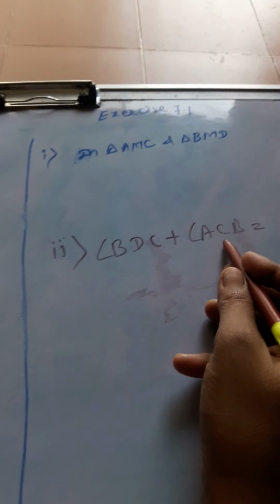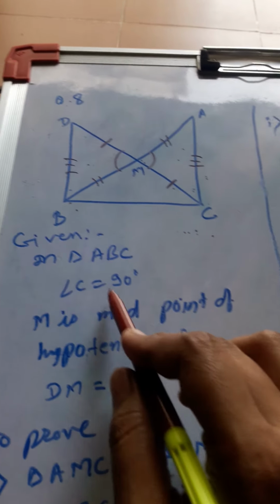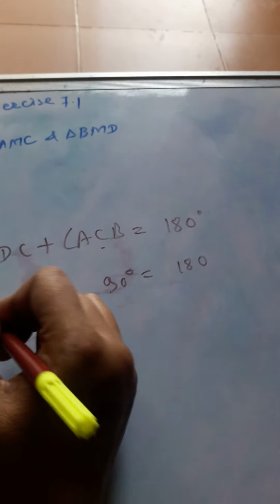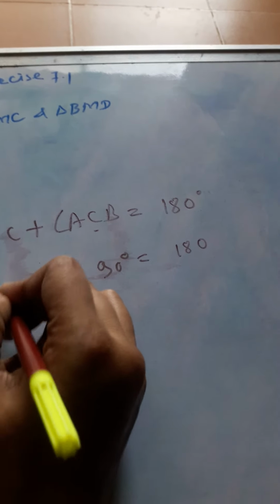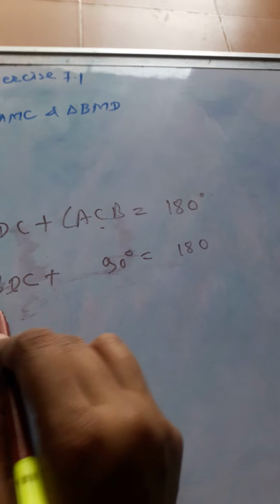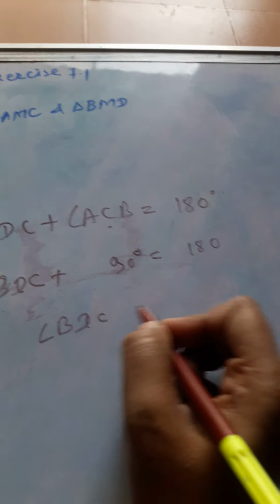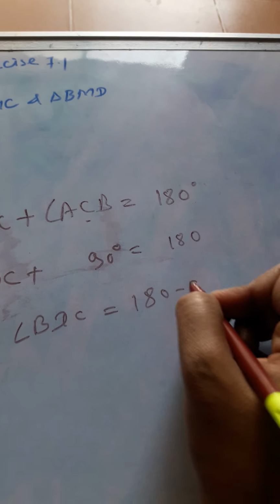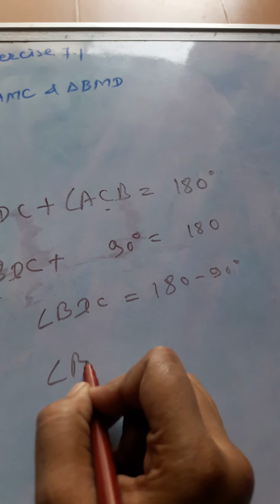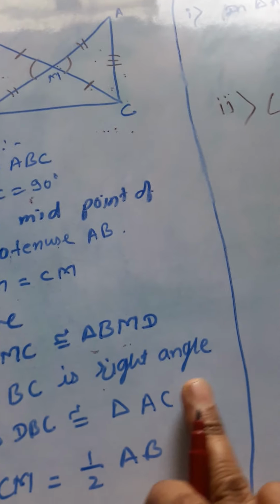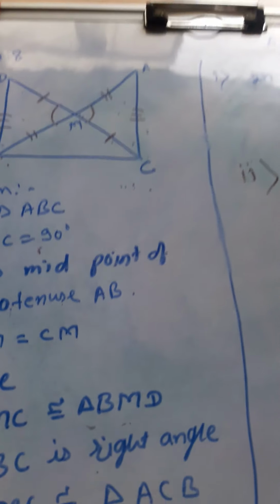Already angle C is 90 degrees, because ABC is a right angle at C. So substitute 90 degrees, and it is equal to 180. Angle BDC plus 90 degrees, shift this 90 to this side, so we get angle BDC equals 180 minus 90. Therefore angle BDC is 90 degrees. Now we got the second one also.